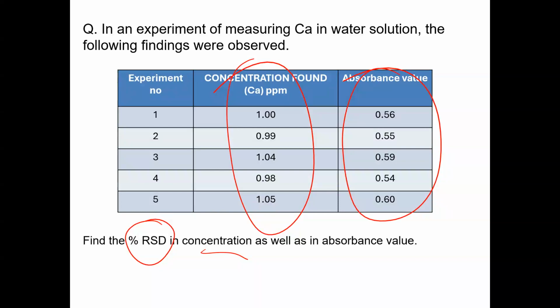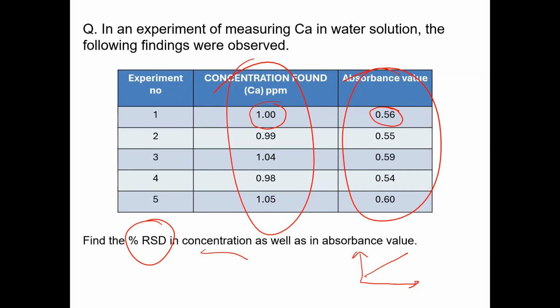In this problem, the analyst already set a linear curve, and he or she is measuring only the unknown values. So if I am getting the absorbance value of 0.56, that is basically telling me the water is containing this much, 1 ppm of calcium, right?